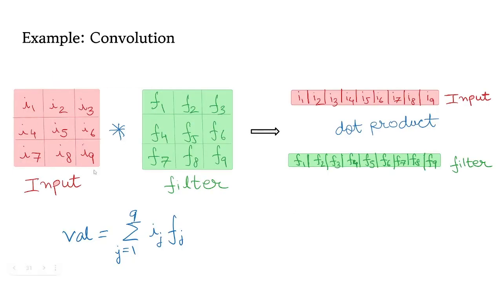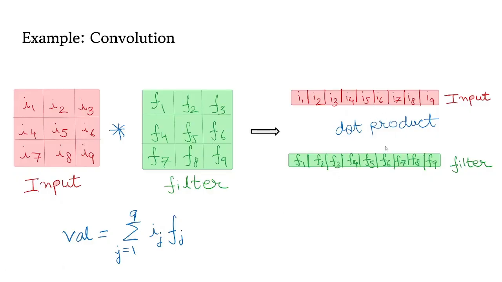Convolution as well: consider a patch of the input image here. So it's a 3x3 window and the convolution with this filter. And the final value which I'll get is this: I1 multiplied by F1 plus I2 multiplied by F2, I3 by F3, and so on, and then I sum them up. This can be thought of as a dot product. So this patch, if I flatten it out, and if I flatten out this filter, then the output which I desire is basically the dot product of these.